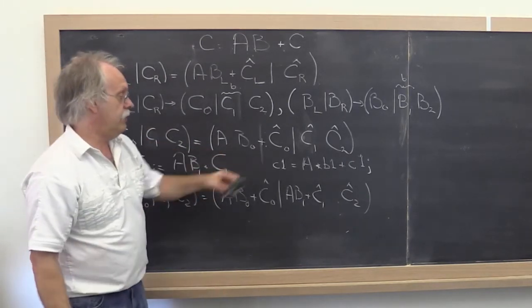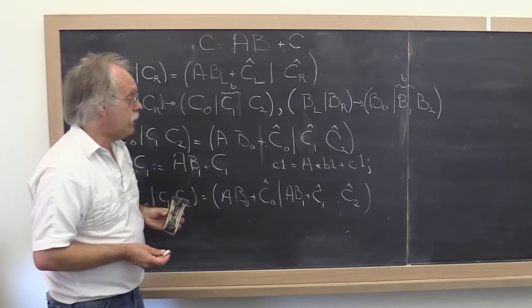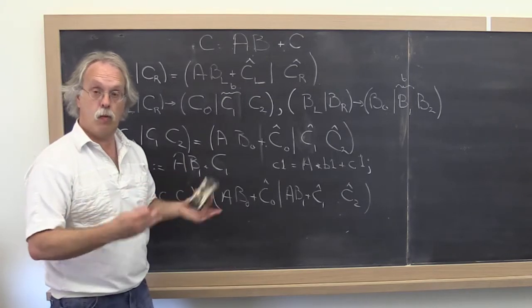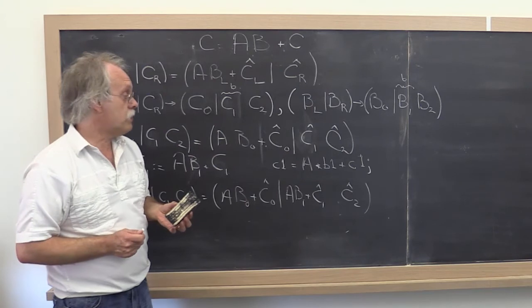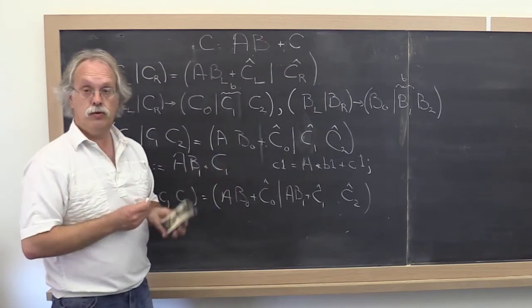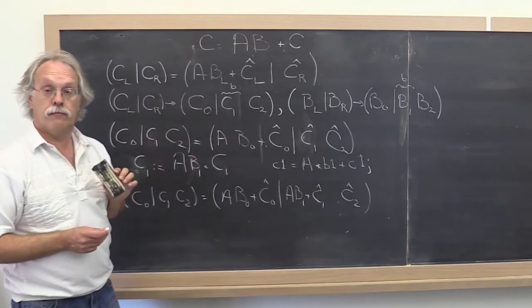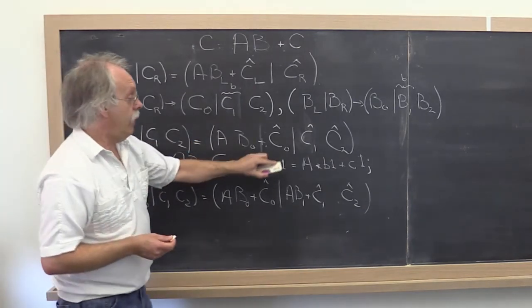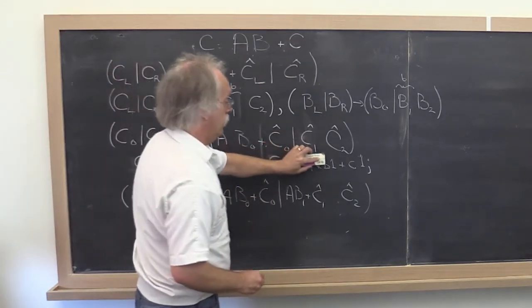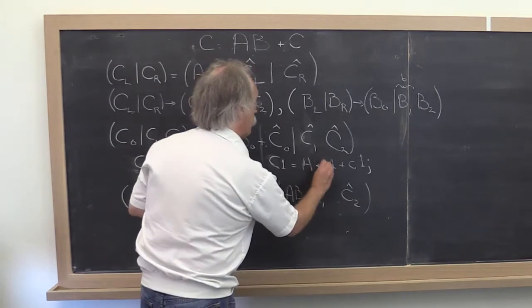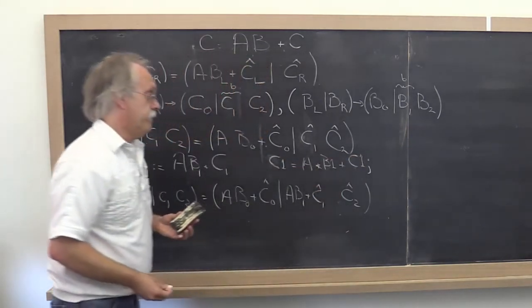And in the update step, when you go to the Spark web page, you would indicate that you want to use a blocked algorithm that would expose matrices instead of column vectors, and then the update would be C1 is equal to A times B1 plus capital C1.